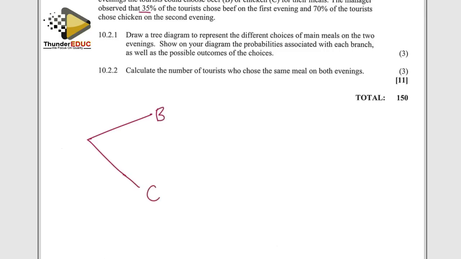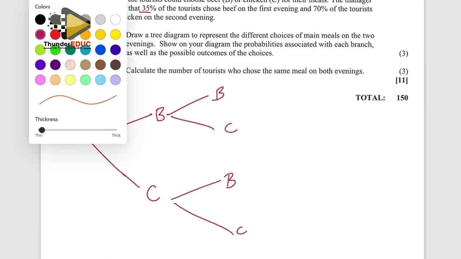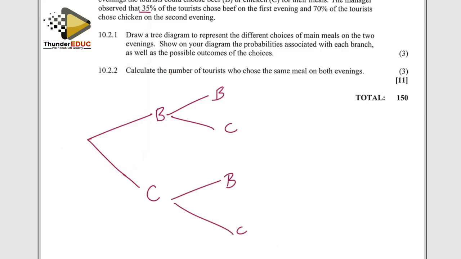Then on the second evening, we have beef or chicken for the second evening, beef or chicken. Now we just have to indicate our probabilities. So they told us that 35% chose beef on the first, so you can just write it as 0.35, and then this is going to be 0.65, so that the branch gives us a 1.